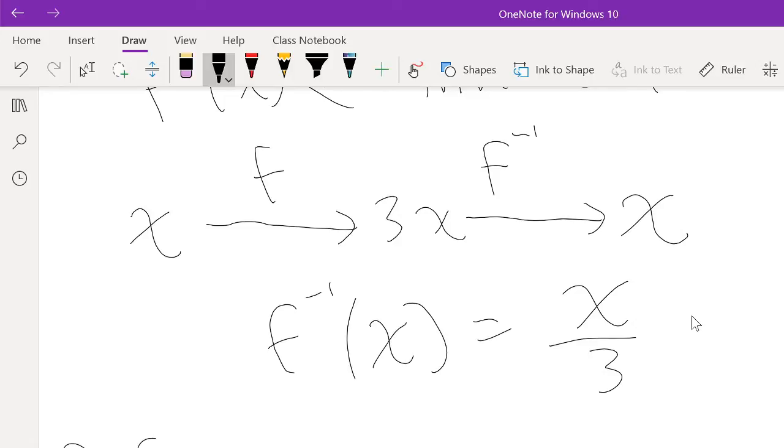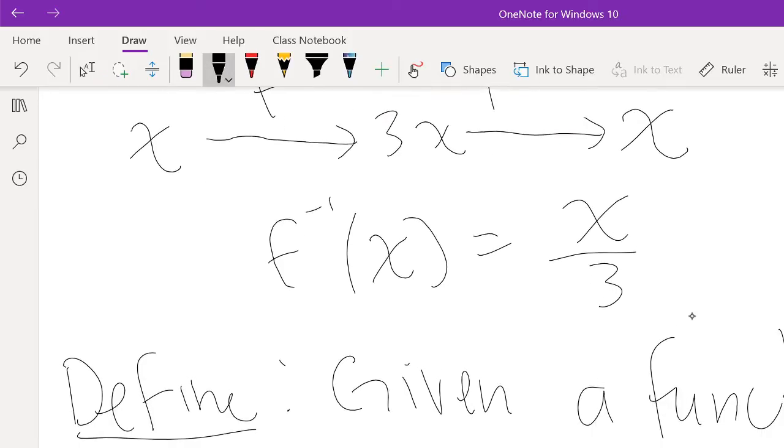If we're given a function f, its inverse, if it exists, is a function f inverse such that... Not all functions are guaranteed to have an inverse, and we'll talk in a second about the conditions that need to be met for the existence of an inverse.